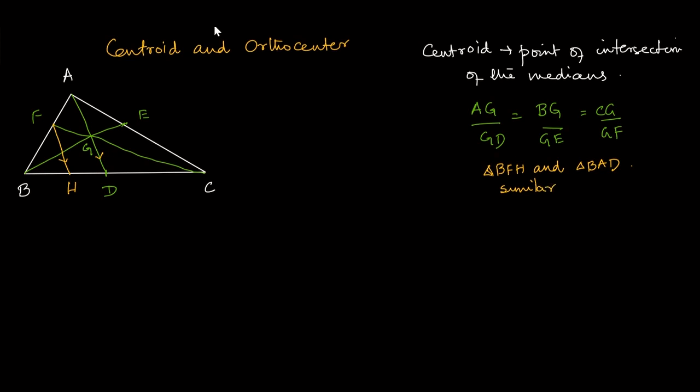So if they are similar, then what can we say about the sides? HF upon AD is equal to BH upon BD is equal to BF upon BA.